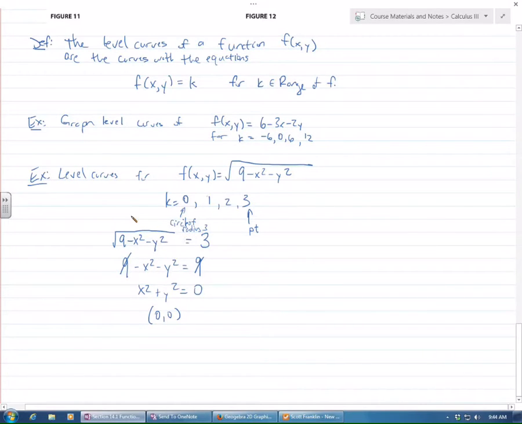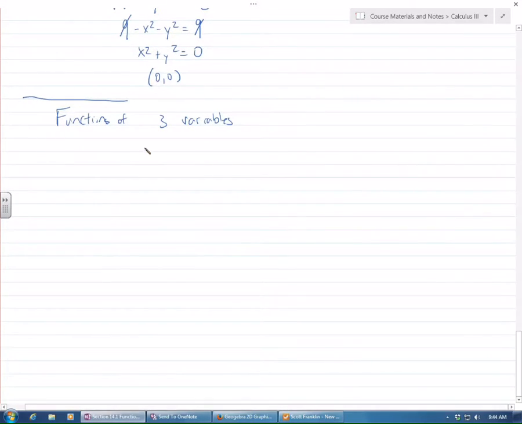Okay, so the last thing I want to do in my last 2 or 3 minutes of class here is jump dimensions. We can have functions of 3 variables, f of x, y, z.